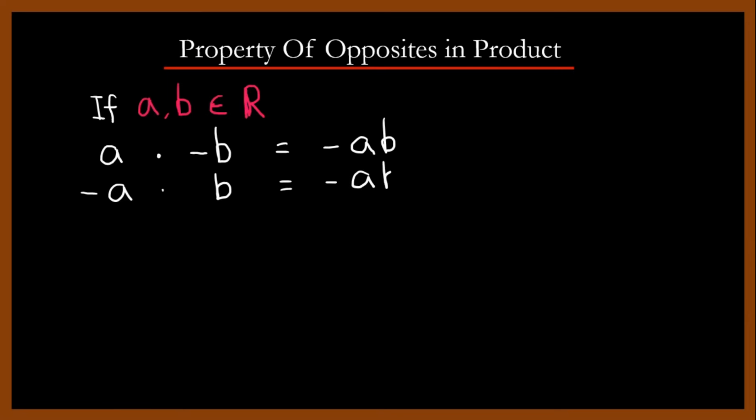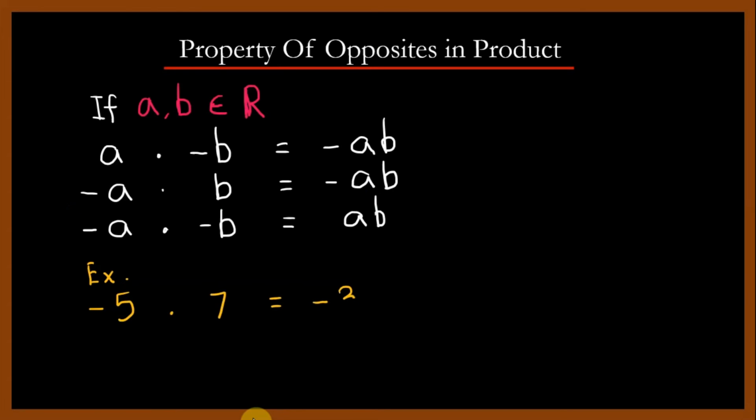If both A and B are negative, meaning negative A multiplied by negative B, it equals positive AB. For example, negative 5 multiplied by 7 equals negative 35, which is equal to 5 multiplied by negative 7 equals negative 35. Also, negative 5 multiplied by negative 7 equals positive 35.